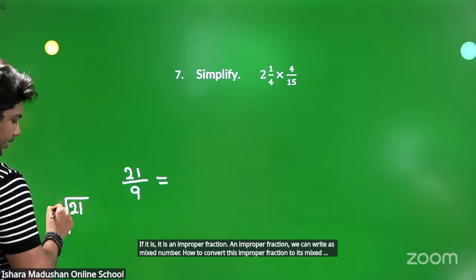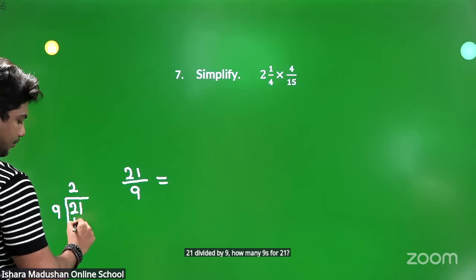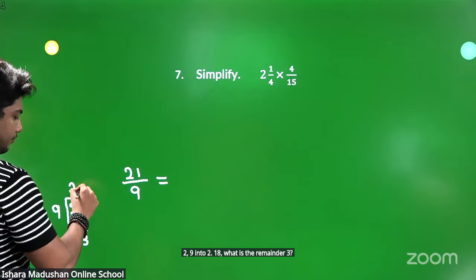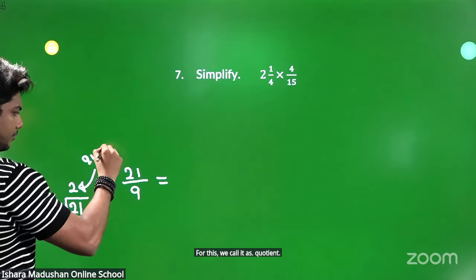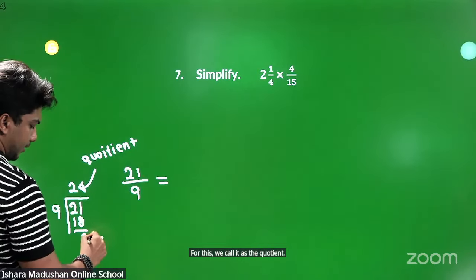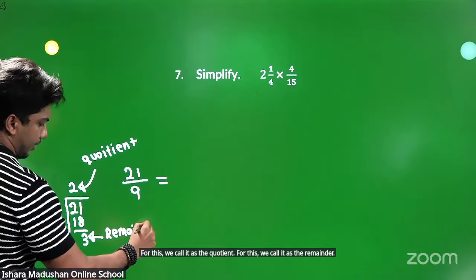21 divided by 9. How many 9s for 21? 2. 9 into 2, 18. What is the remainder? 3. This we call the quotient, and this we call the remainder.